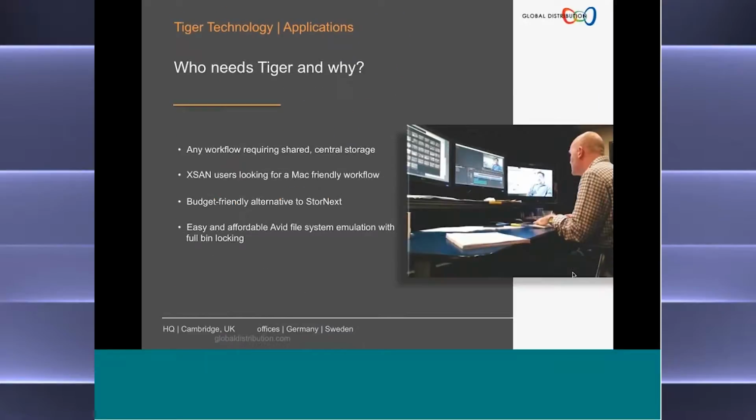So let's look at who needs Tiger technology and why. Any customer that requires central shared storage, really. Customers that may be looking at a more Mac-friendly, app-friendly solution other than Xsan, people that are looking for a more budget-friendly alternative to StorNext.